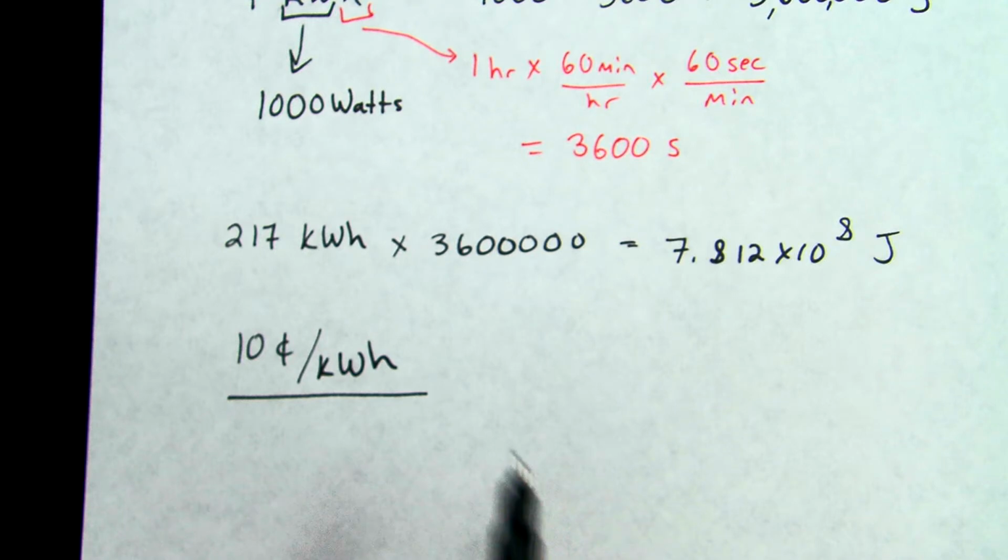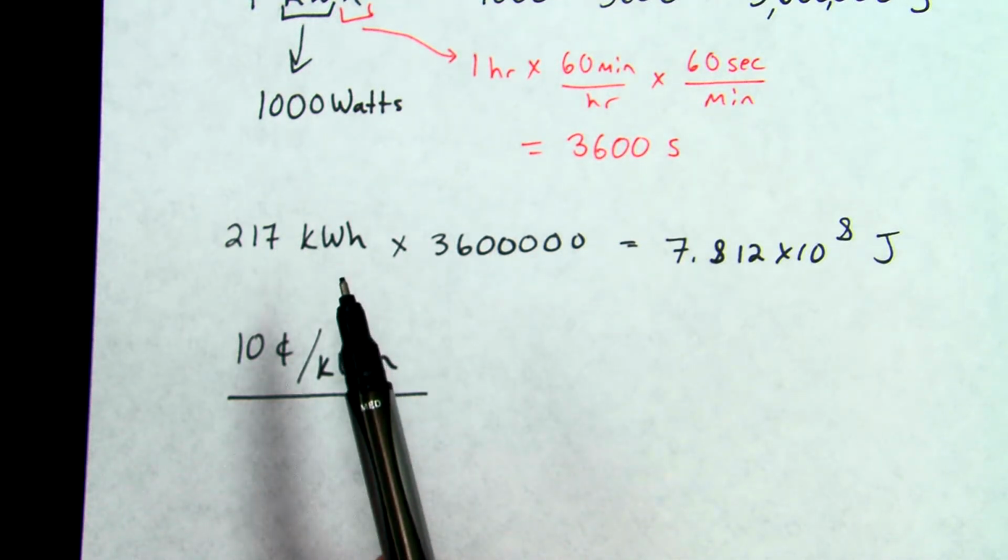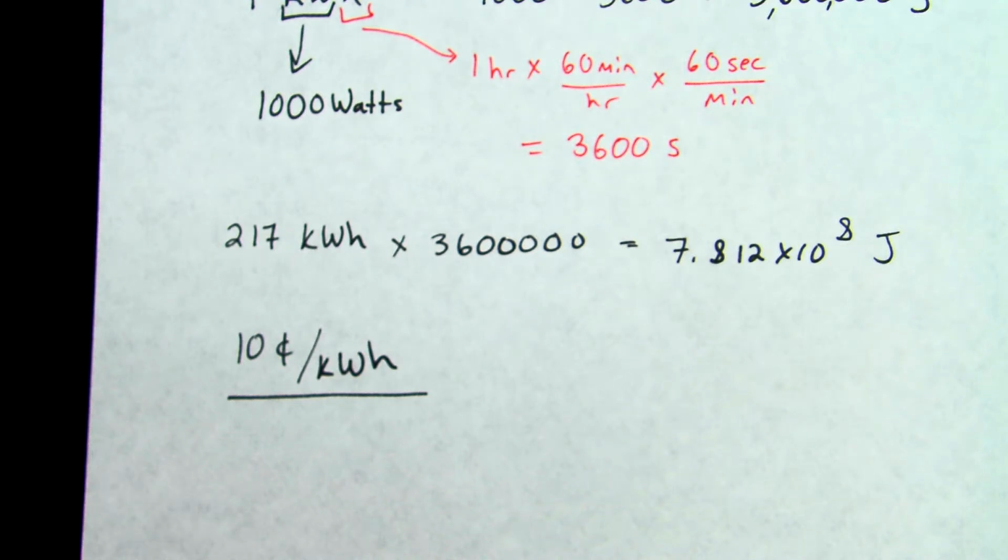So if you were to use 217 kilowatt hours, you would multiply that by 10 cents.